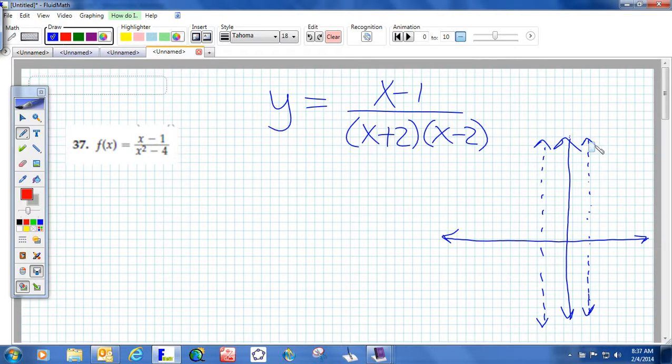Okay, and then what's this going to look like? I bet, okay. Let's see if this works. I think that one's going to go like that. And then this one will, let's see, I have an x value of 1, I'm going to have a 0.